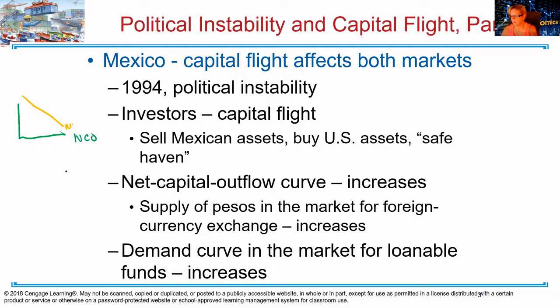Remember that the first graph, the market for loanable funds, comes in, and then we drop it down, and that becomes net capital outflow, and then we propel it into the third graph.